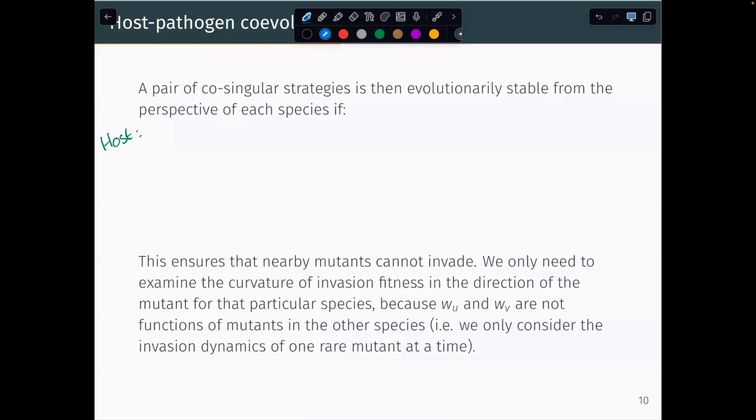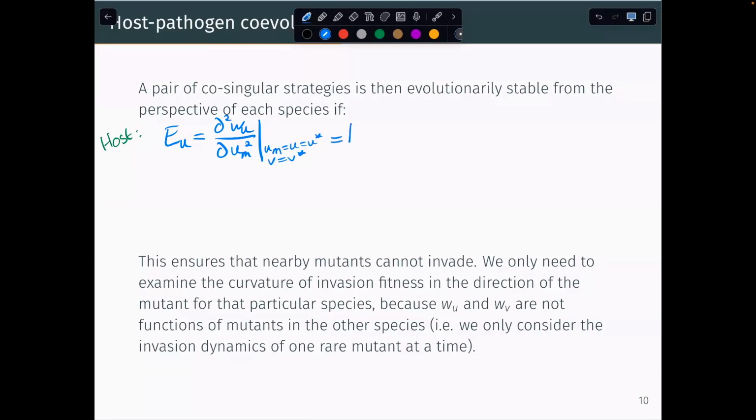From the perspective of our host, a co-singular strategy is evolutionarily stable if we take the second order derivative of invasion fitness and evaluate it at our singular strategy. Note that we're evaluating at a pair of co-singular strategies.